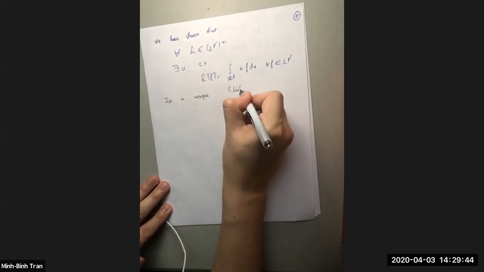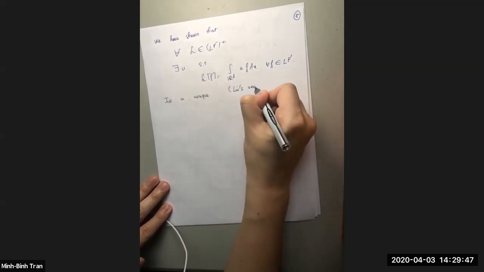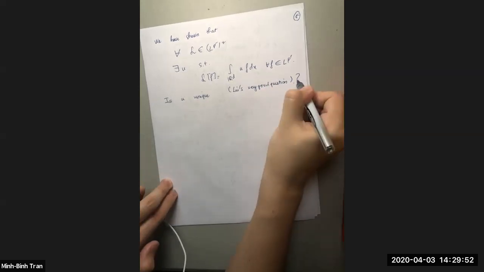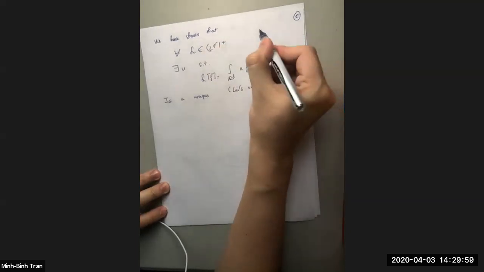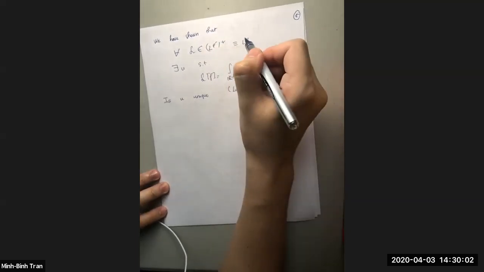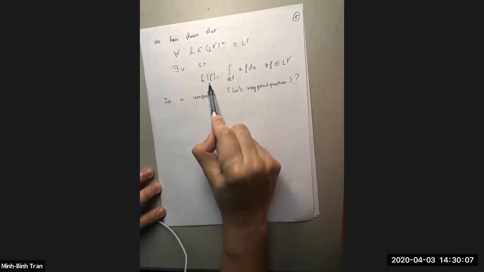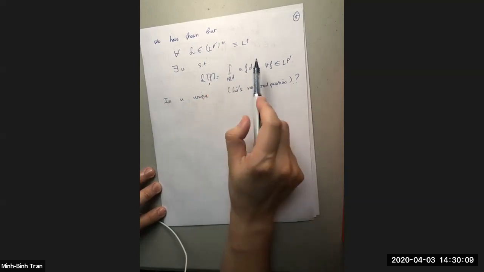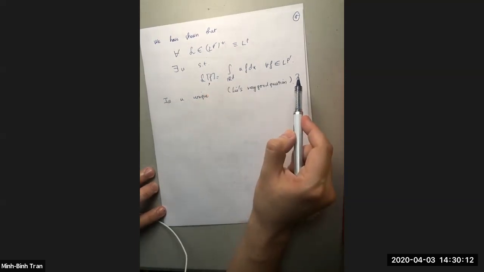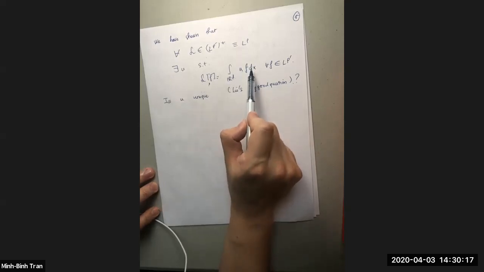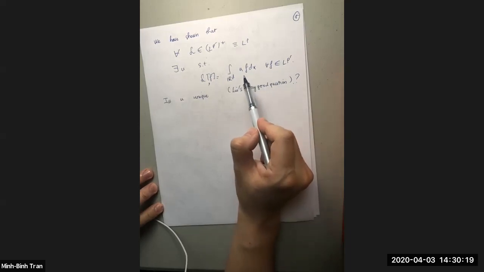This is an excellent question. We have just shown that, because (L^p')* is the same as L^p, for all L in (L^p')*, I can map it back to L^p in this form, like the inner product of U and F, integrated over Ω, right?